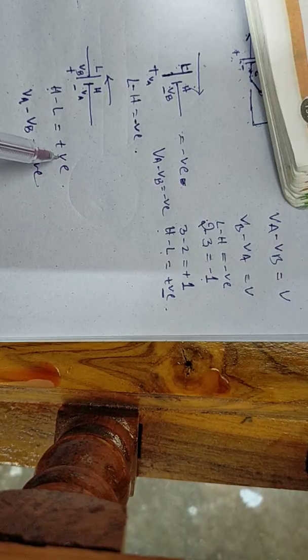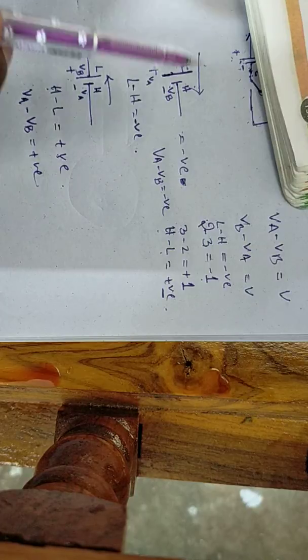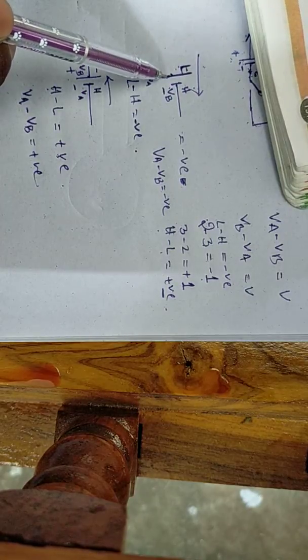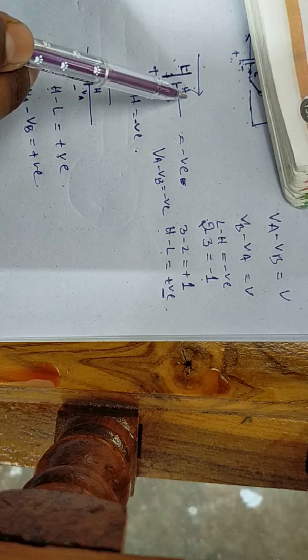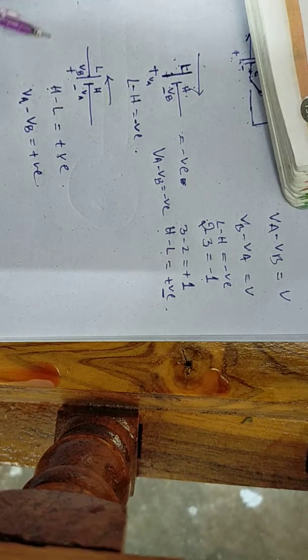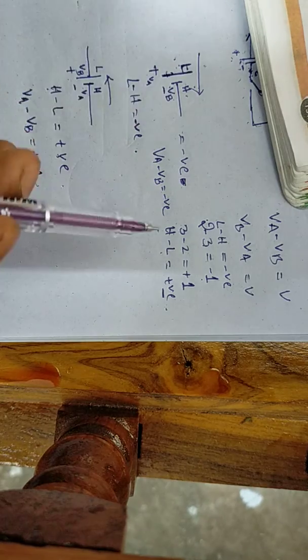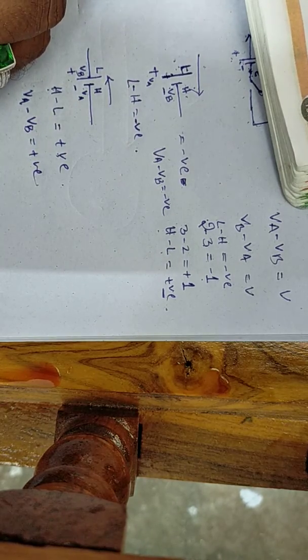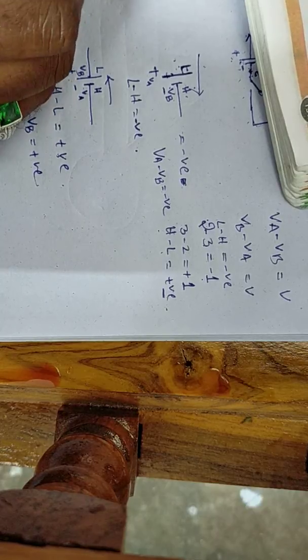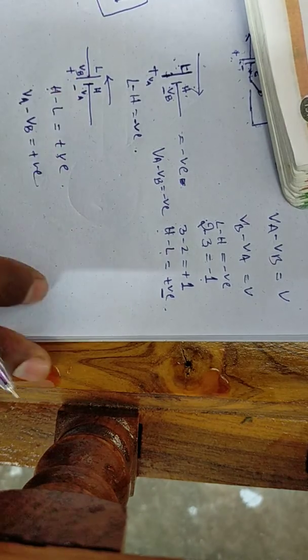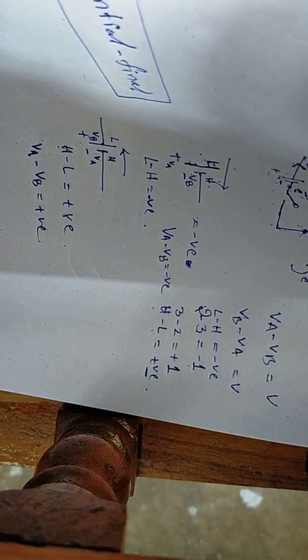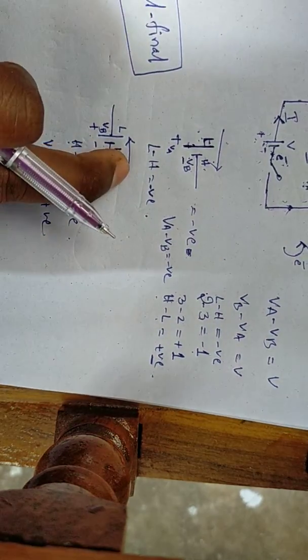While writing the sign convention for the potential difference of a battery, remember the positive terminal of the battery is at low potential, L, and the negative terminal of the battery is at high potential, H. If you take the potentials of the initial and final points as VA and VB, you have to do VA minus VB. Always subtract initial minus final, and follow this throughout the circuit, whether it is a battery or a resistor or whatever it is.